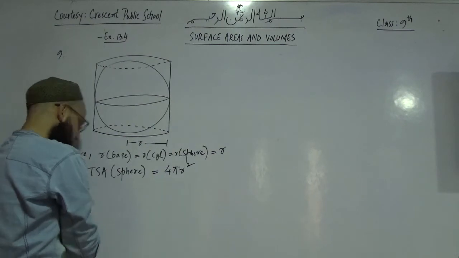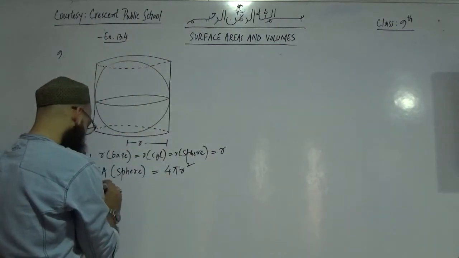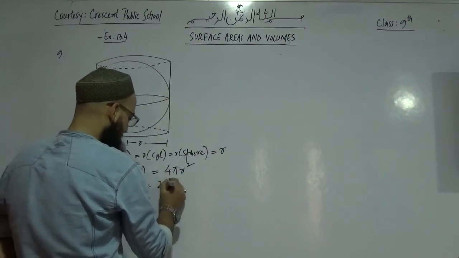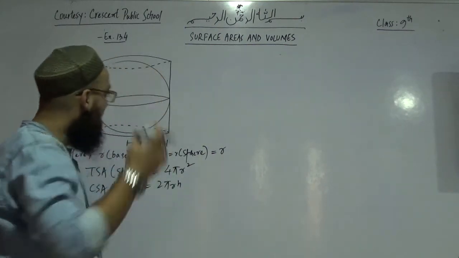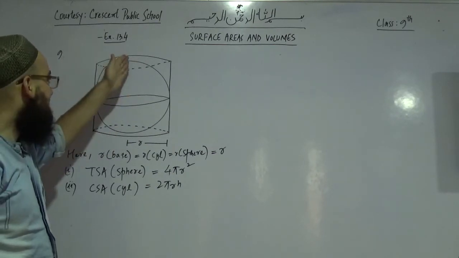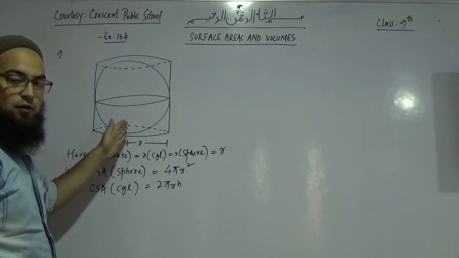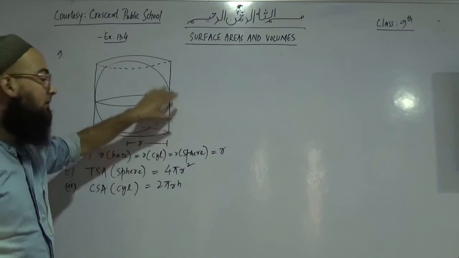Part number 2, curved surface area of the cylinder. CSA of cylinder is equal to twice pi r h. And look, if this is completely enclosed in a cylinder, that means the diameter of the sphere will be the height of the cylinder.